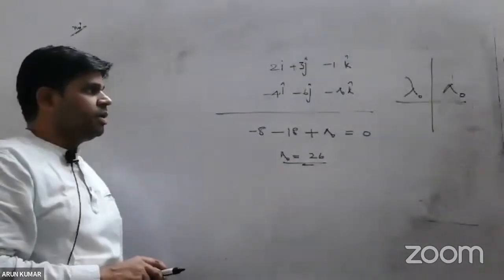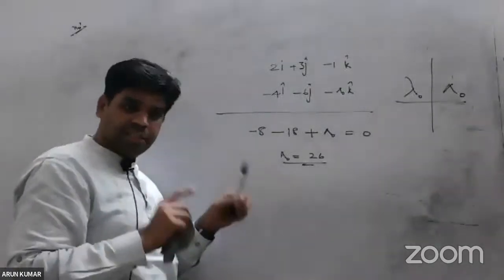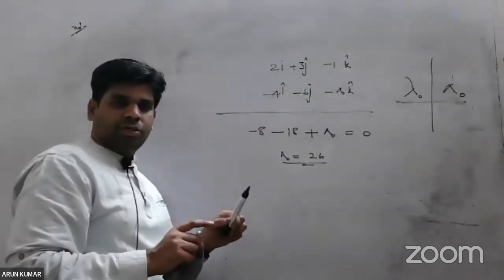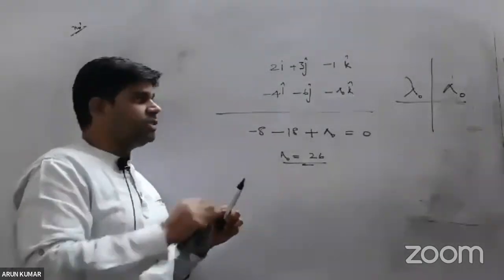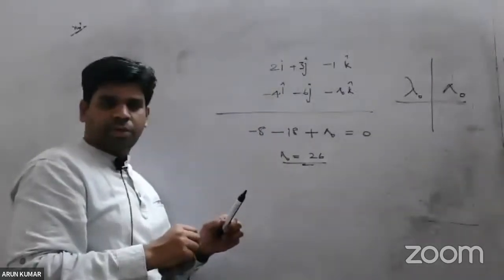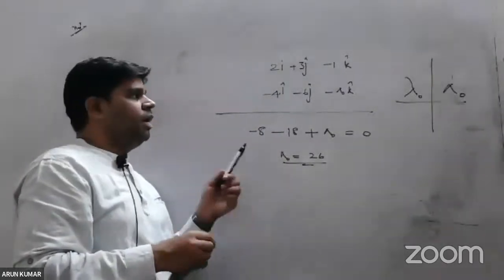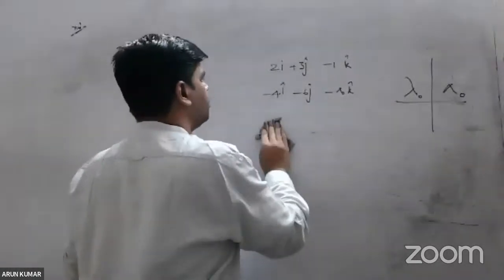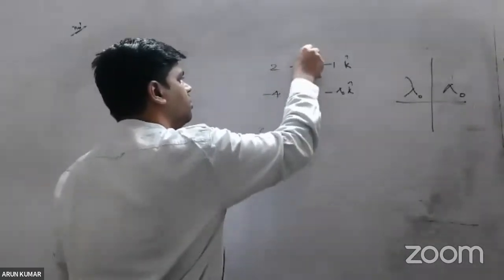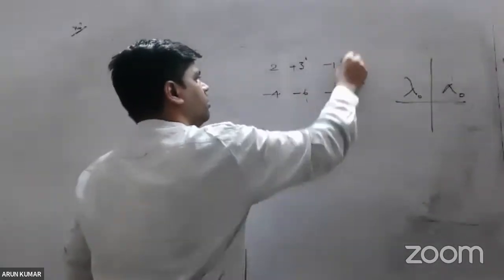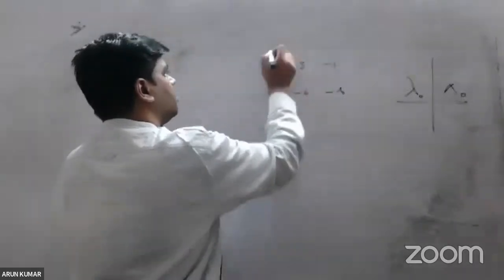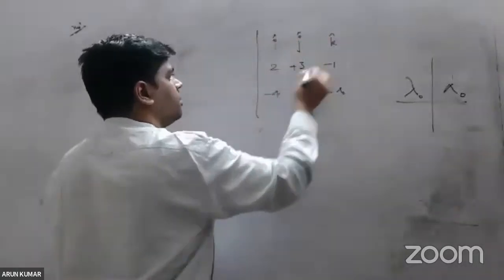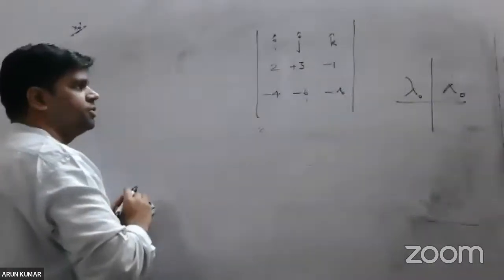All right. But if I ask you what should be lambda such that these two vectors are parallel to each other, not perpendicular to each other, the cross product should be 0. So all I have to do is find the cross product and equate it to 0. How to find the cross product now? Determinant, equating it to 0.